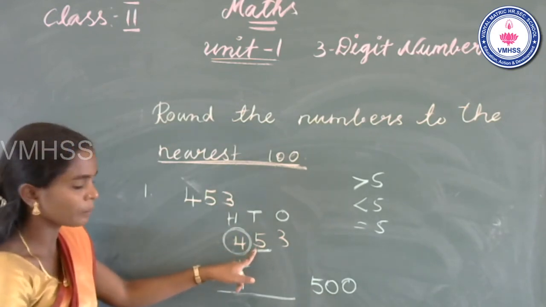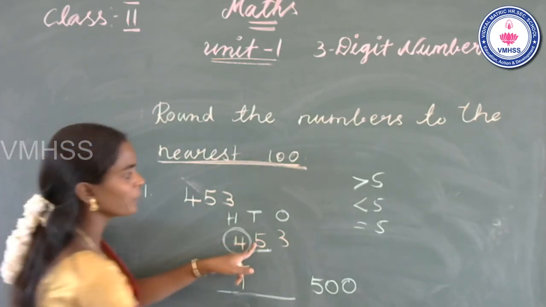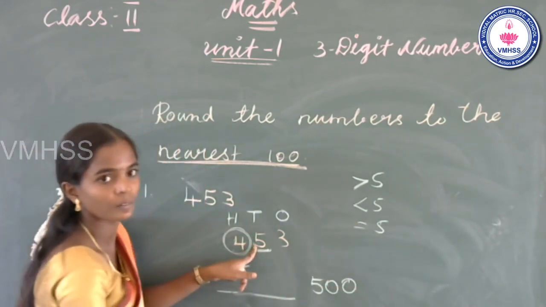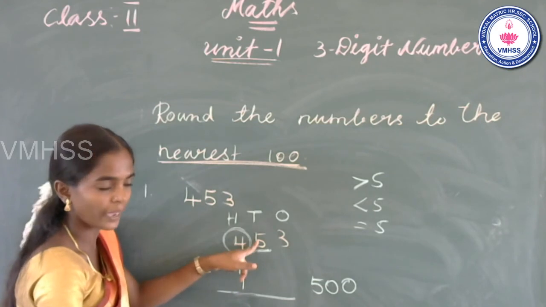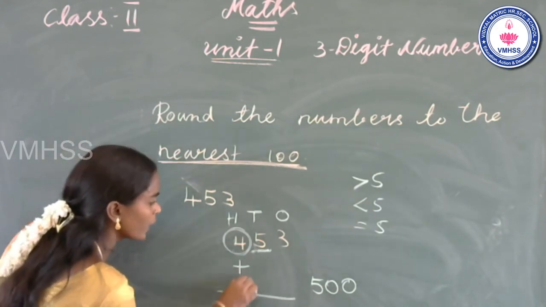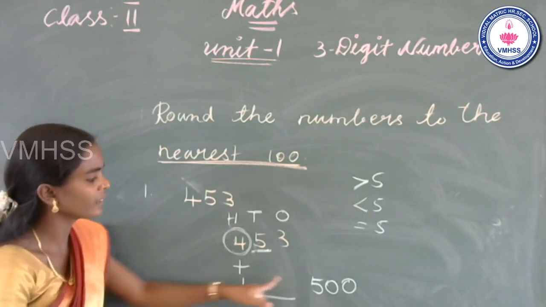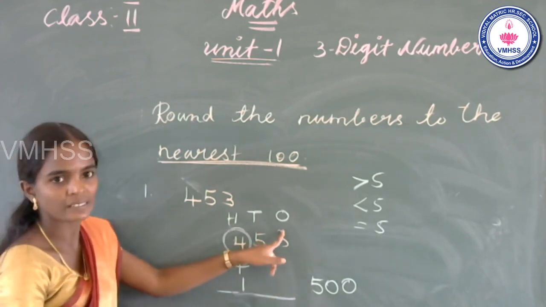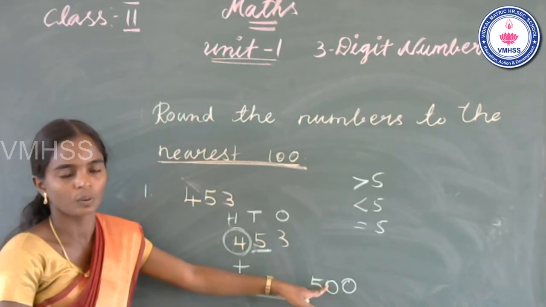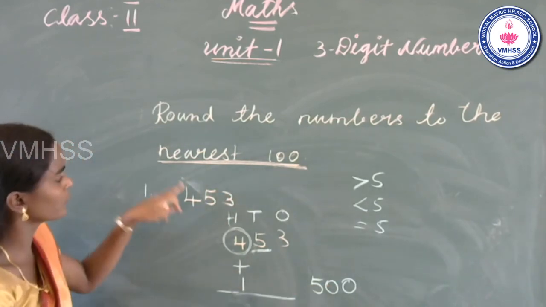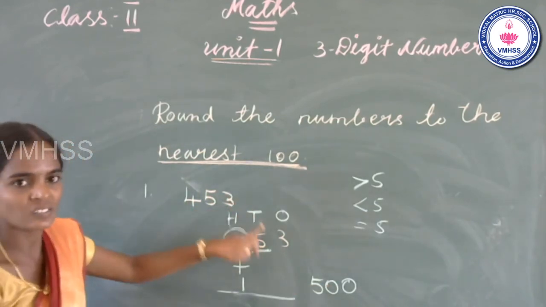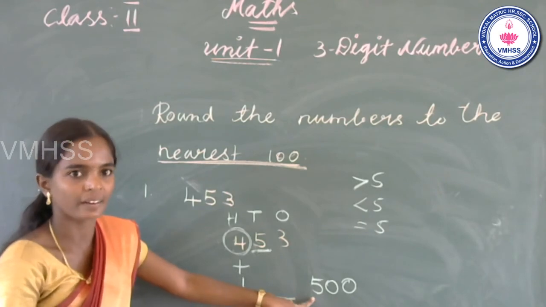The tens place number is 5, which equals 5. So we add 1 to the 100 place. 4 plus 1 is 5. Tens place and ones place numbers will become 0. So 453 nearest 100 is 500.